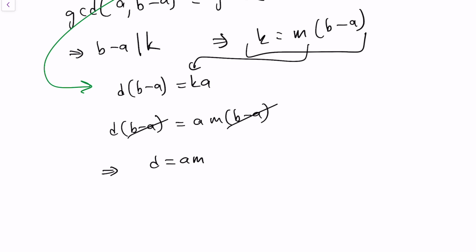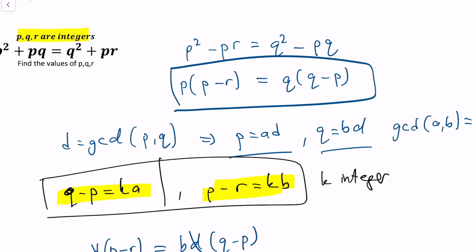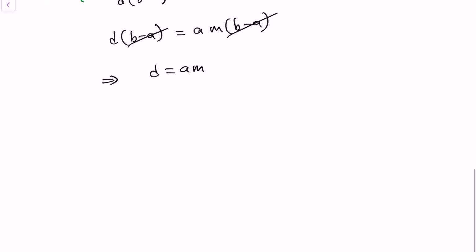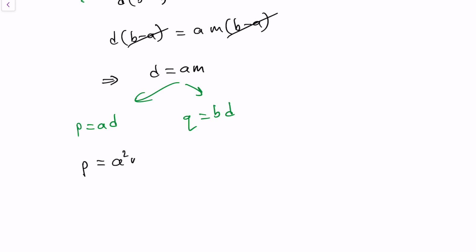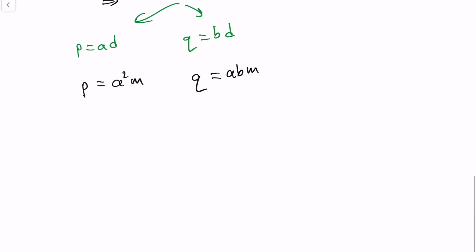Now to begin with, we defined p to be Ad and q to be Bd. So let's write it down. p is Ad and q is Bd. Using this, we can rewrite these solutions as p is equal to A squared M and q is equal to ABM, right? And we also had that p minus r is equal to KB. That implies r is equal to p minus KB.